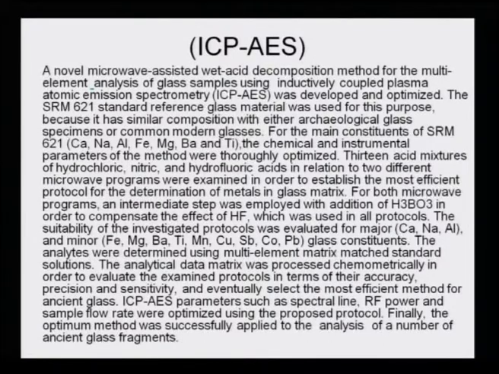The SRM 621 standard reference glass material was used for this purpose because it has a similar composition to either archaeological glass specimens or common modern glasses. As I told you, there needs to be a reference.